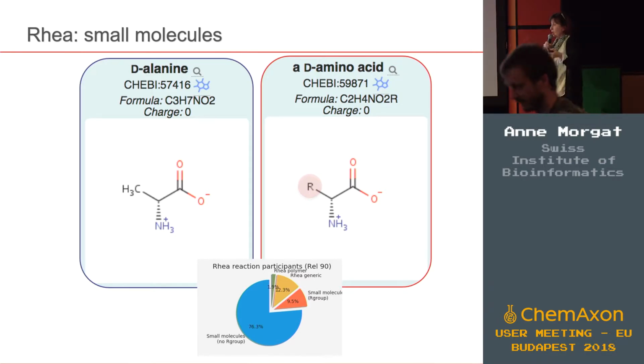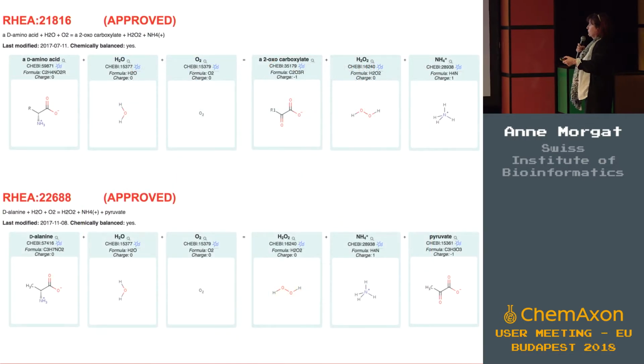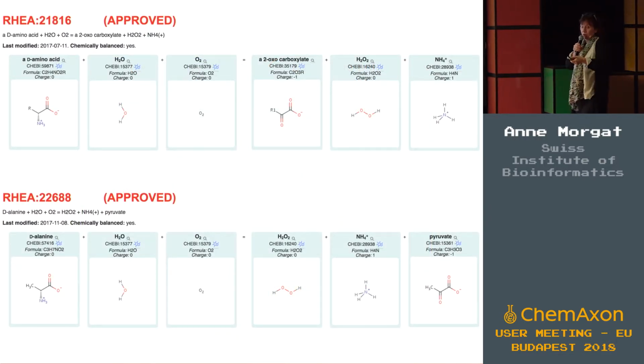I have to say that around 10% of the small molecules used in RIA are such abstract ones, because the biochemical reactions are not so fully defined. Here is an example of two RIA reactions using these two small molecules.